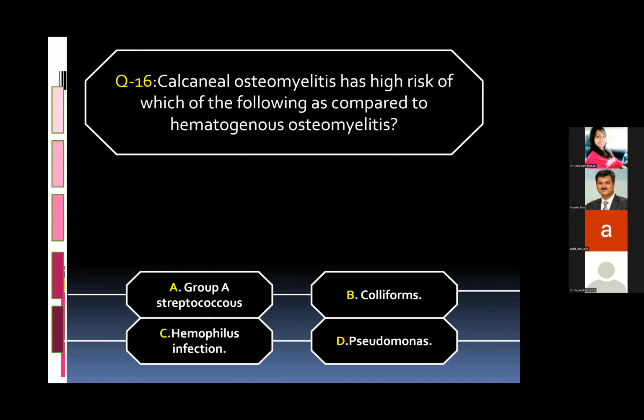We see Pseudomonas infection in the foot area, so you have to consider gram-negative coverage. Mainly we see calcaneal osteomyelitis in patients with myelomeningocele insensate foot, and we give gram-positive as well as gram-negative coverage, or some cephalosporins which have both.